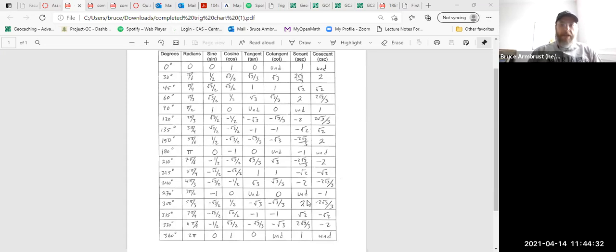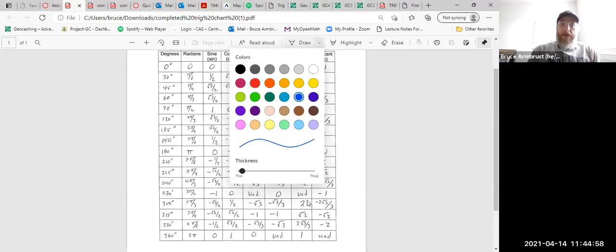So again, you'll see we have all the different degrees for the different angles and the corresponding radians. I'm going to start concentrating on radians. I want you guys to start thinking radians, plus it helps us with the patterns. And then these are their respective values of the sine, cosine, tangent, and so on. So let me just remind you really quickly some of the things that we learned about these.